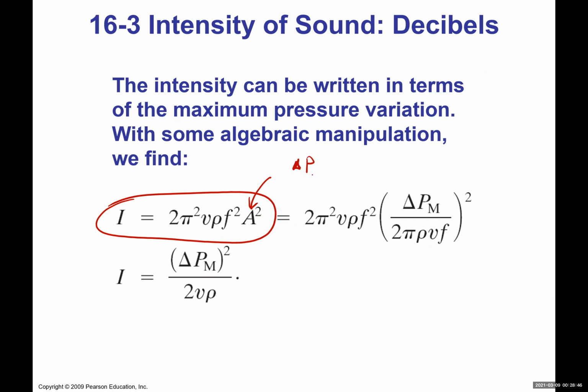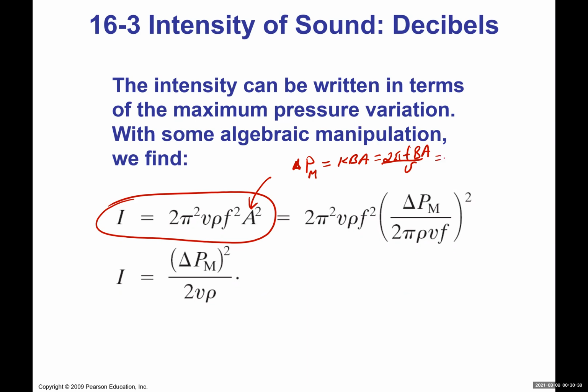This maximum amplitude of the pressure wave is equal to, remember, K times B times A, which, once you replace K with 2 pi over wavelength, basically becomes 2 pi F B A over V. So that's basically the pressure wave amplitude.